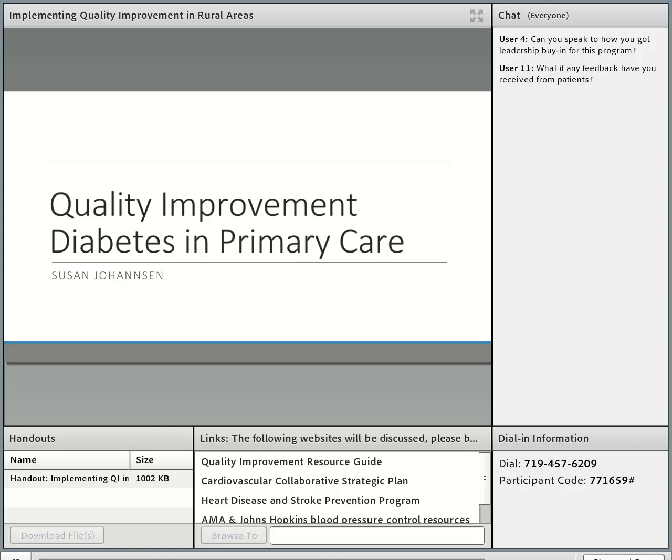Now I'm going to turn things over to Susan Johansson, and she is the Diabetes Coordinator for Avera Medical Group Quality in the Quality Department, where she focuses on diabetes awareness and systems change to improve outcomes and educational opportunities for providers, staff, and patients.